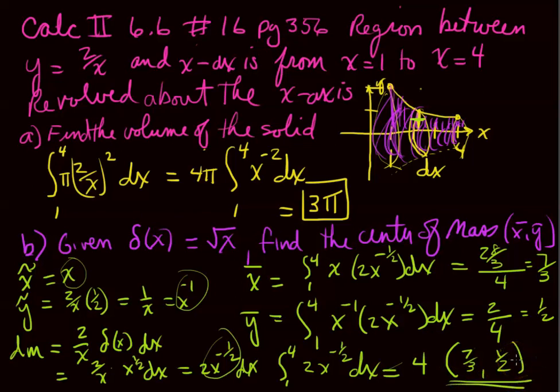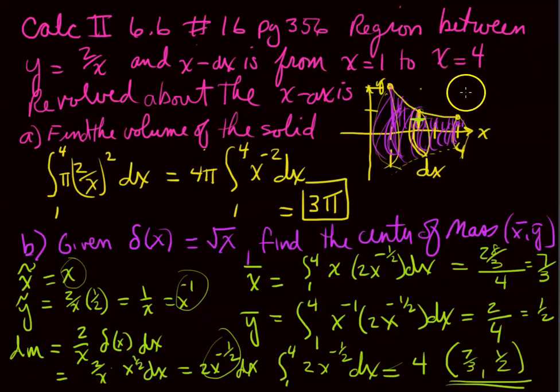Does that make sense? X is 7/3, so it's 2 1/3, and 1/2. Interesting. So that matches the book.